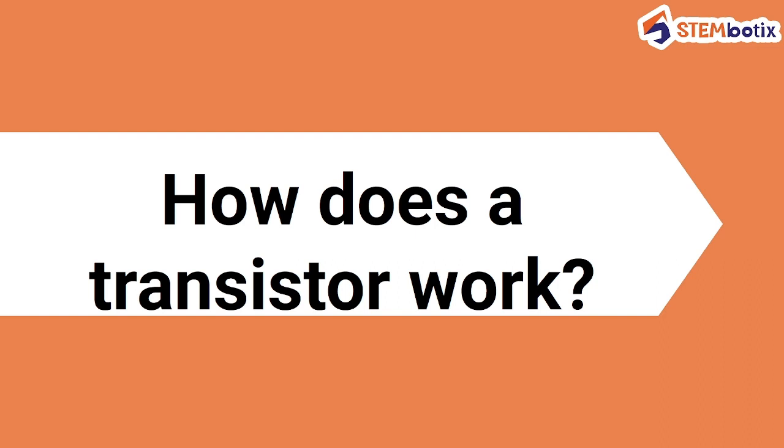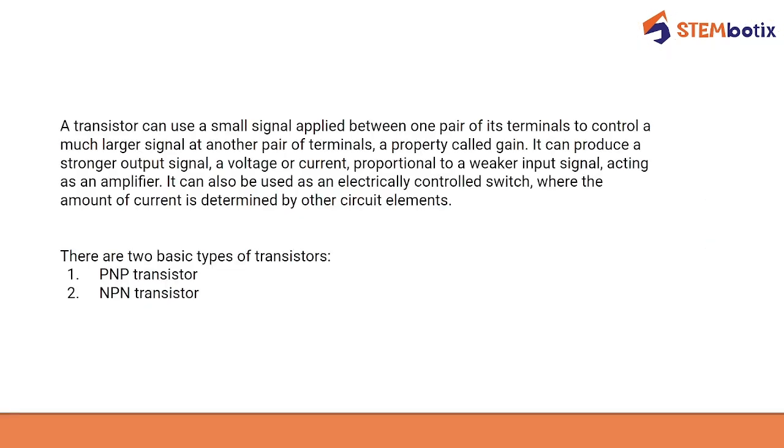So let's see how a transistor works in terms of BJT transistors. A transistor can use a small signal applied between one pair of its terminals to control a much larger signal at another pair of terminals. This property is called gain.